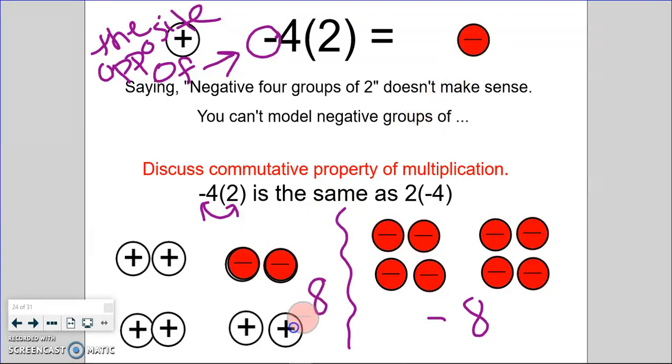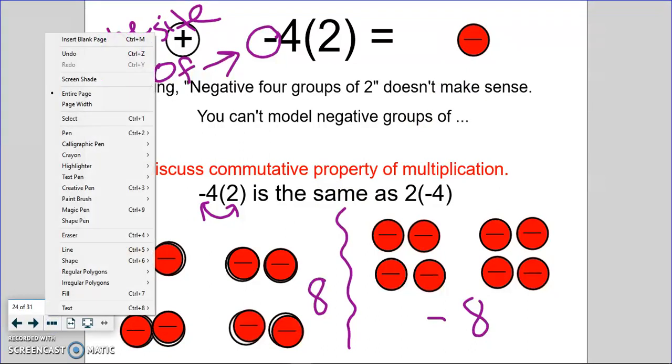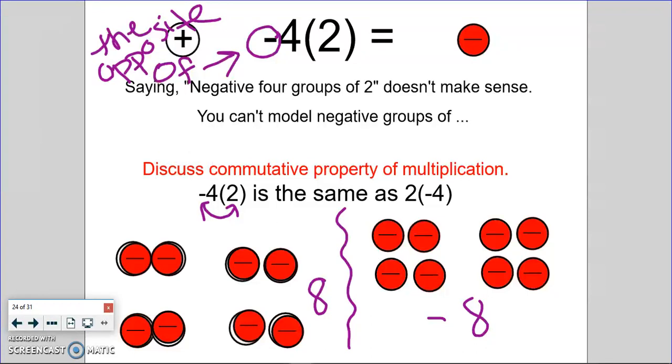The opposite of a +8 would also be a -8. So if I flip those circles over to get the opposite value of what was on the front side, that indicates I'm taking the opposite of 4 groups of 2, or the opposite of a +8, which would be a -8. And again, what I modeled on the left technically is 4 groups of -2 once I have flipped them over. So again, you would get the same answer.